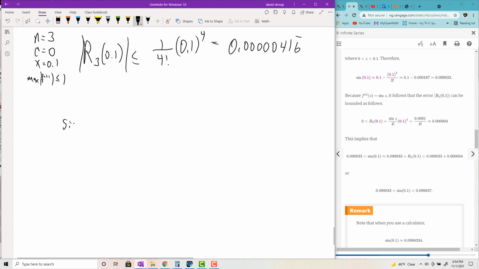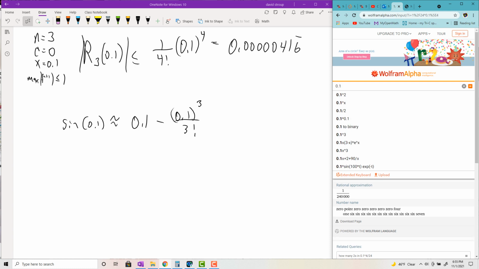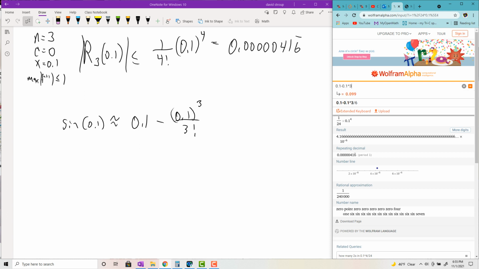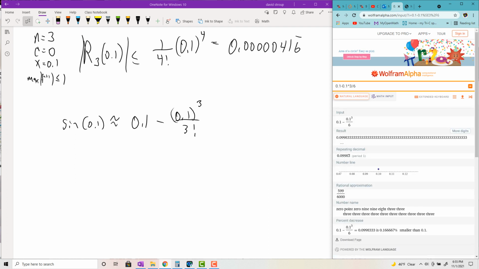So sine of 0.1 from the polynomial is approximately 0.1 minus 0.1 cubed all over 3 factorial. And of course we could go to Wolfram. It gives 599 over 6,000.